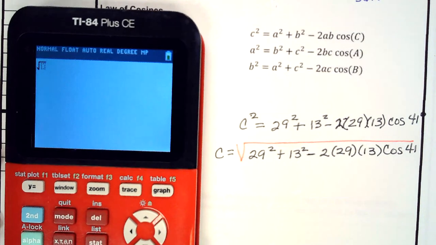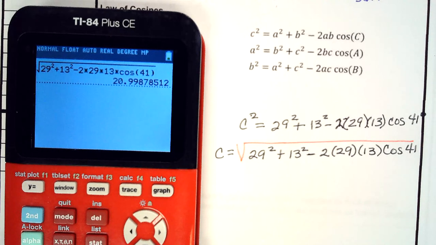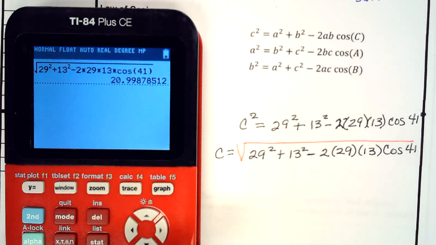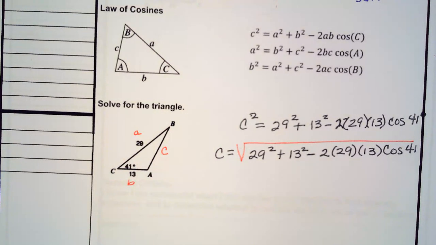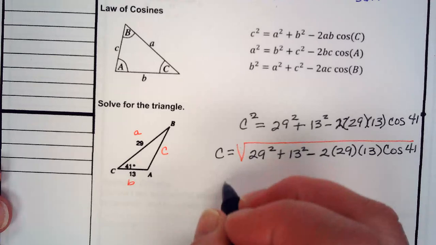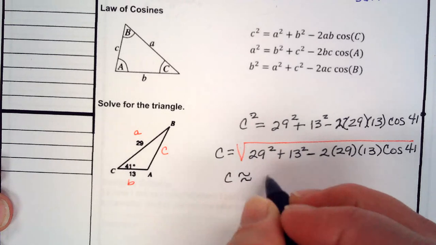Second, square root, and I enter all of it in. Now I've got it all in. I hit enter and I end up with 20.998. That is just about 21. Using law of sines or law of cosines, you're going to end up having that approximation.